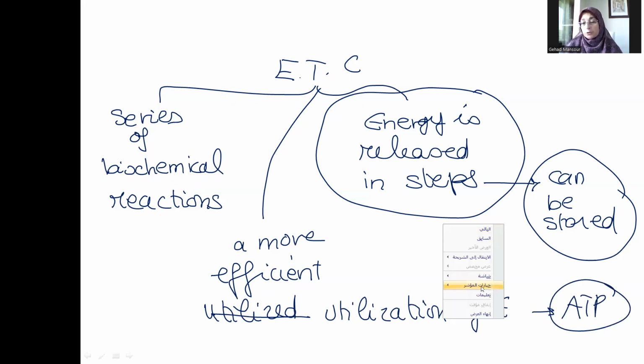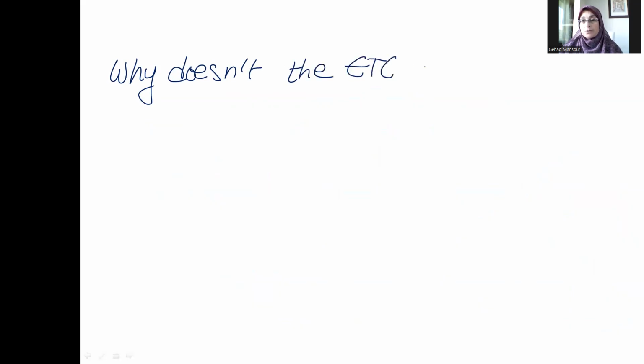What's the final electron acceptor? Why do we say that? Why doesn't the electron transfer chain work in the absence of oxygen?